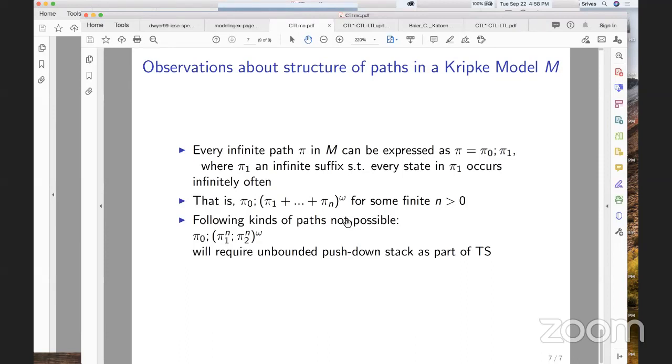So the tail is some (pi 1 plus pi 2) to the omega, where at each iteration we choose either pi 1 or pi 2, but that choice can be made arbitrarily. So that is what I'm thinking should be possible.